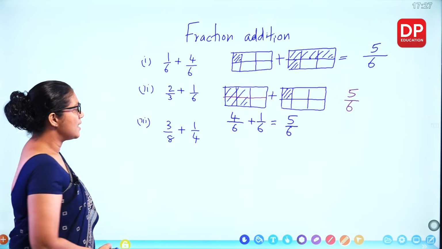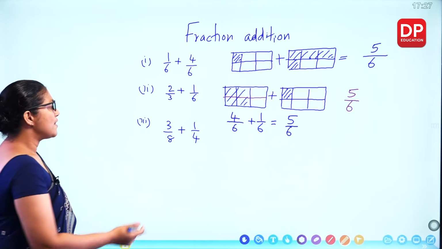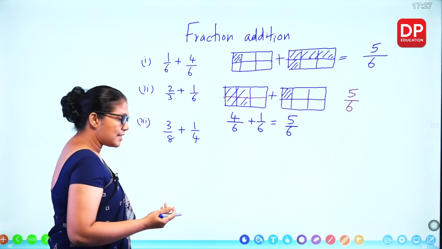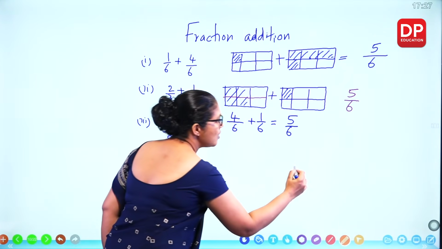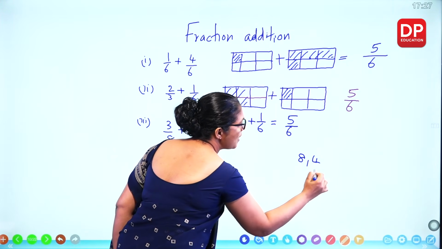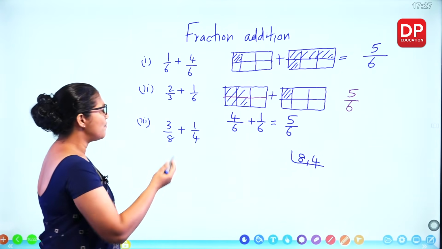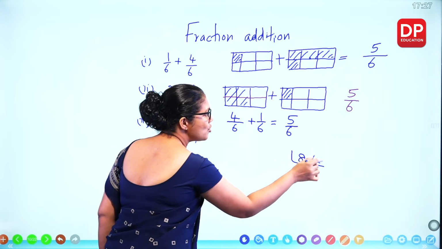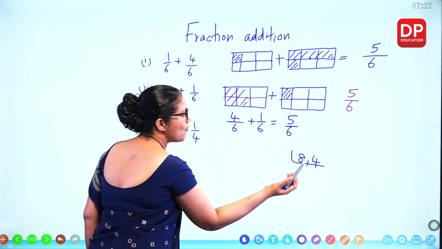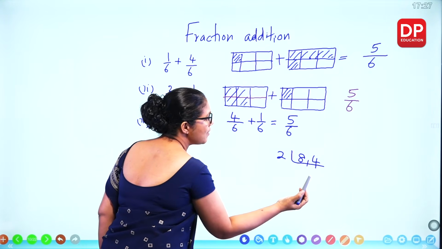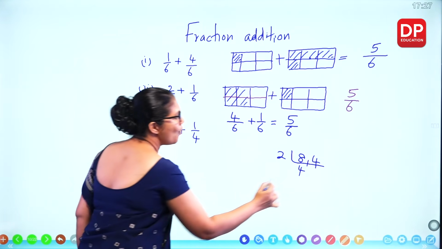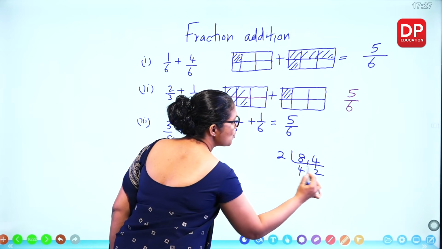What about this one? Now we'll try without drawing the diagram. 8 and 4. I told you when the denominators are different, you have to take the lowest common multiple. If you can't figure it out at once, the best way is to do it separately. 8 and 4, find the lowest common multiple. 8 divided by 2 is 4, 4 divided by 2 is 2.